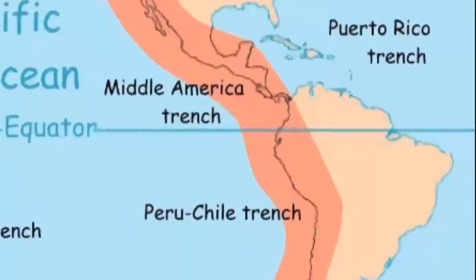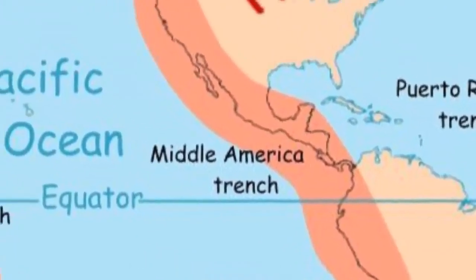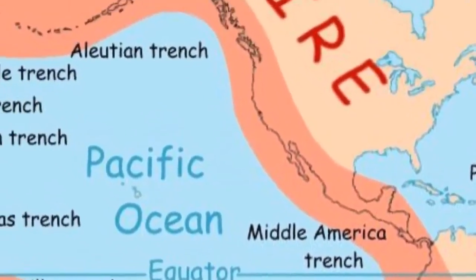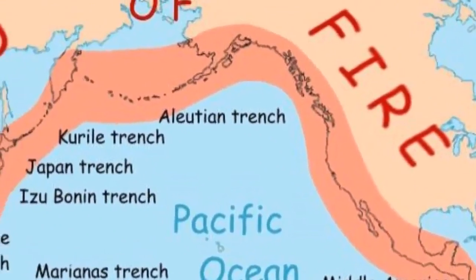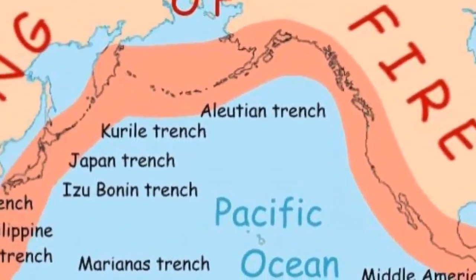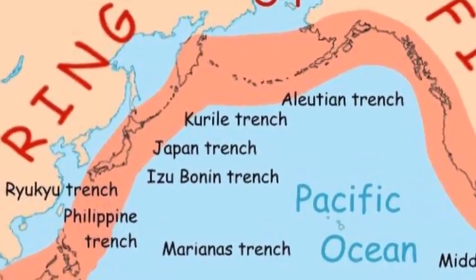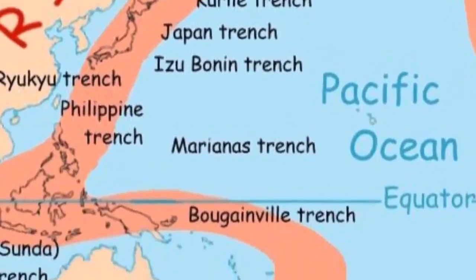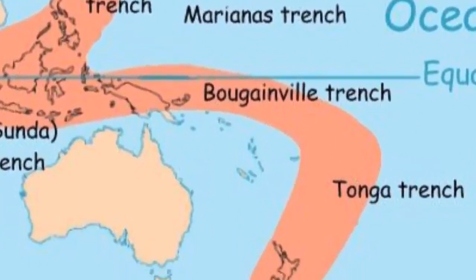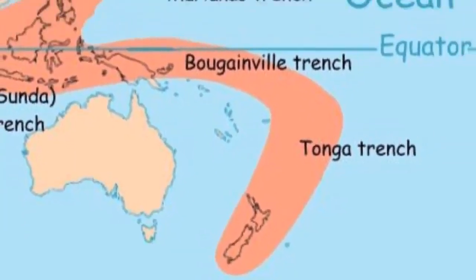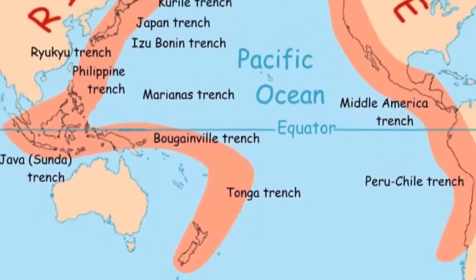It extends through the Andes of South America, Central America, Mexico, the mountains of western USA, the Aleutian Islands, Kamchatka, the Kuril Islands, Sakhalin, Japan, Philippines, Celebes, New Guinea, the Solomon Islands, New Caledonia, and New Zealand.